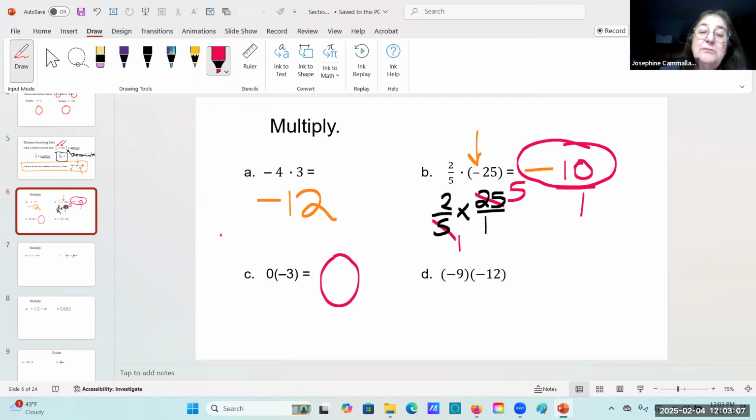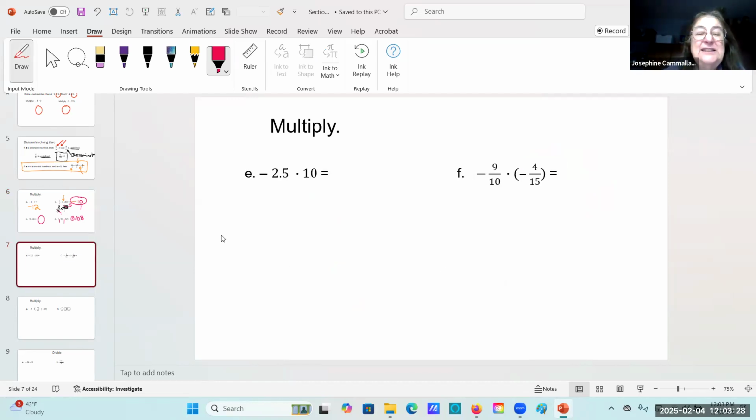Now, I have 2 negative signs. My answer is a positive 108. Positive. Now remember, a number without a sign is positive. Okay, this is a negative.